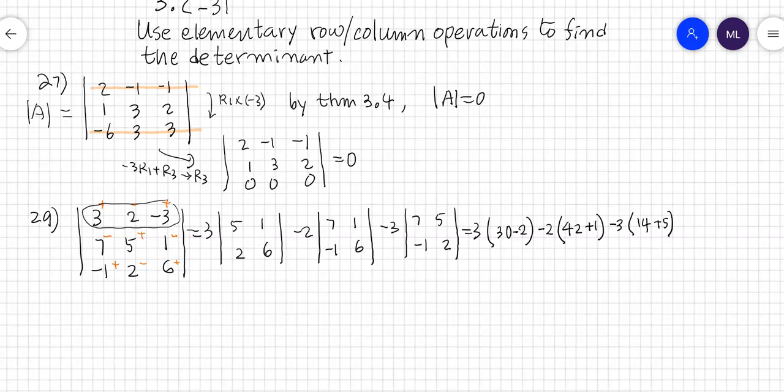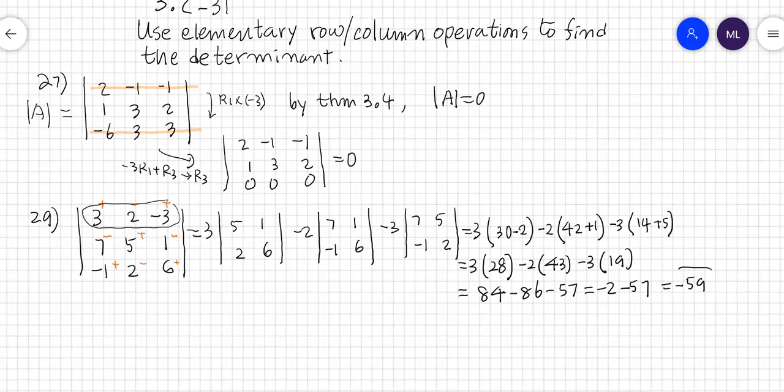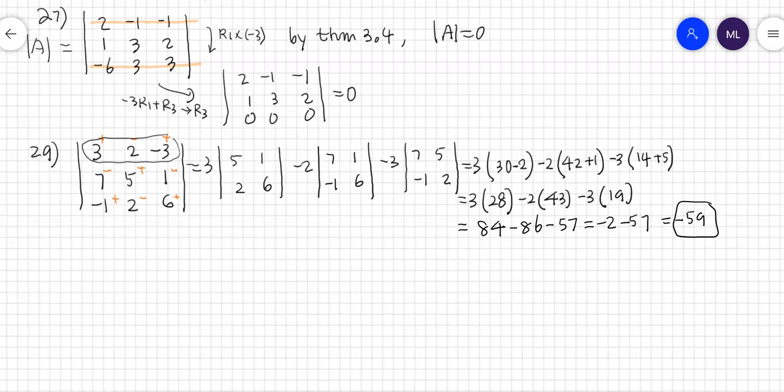So that gives me 3 times 28, negative 2 times 43, and 3 times 19. That makes 84 minus 86 minus 57. So negative 2 minus 57 is negative 59. Okay, if you just go straight forward, that's how it happens.